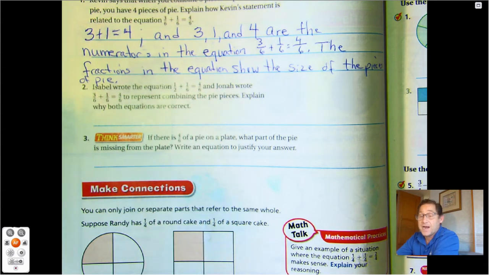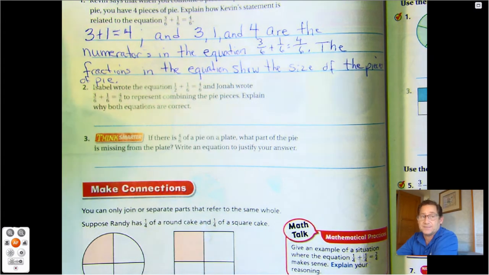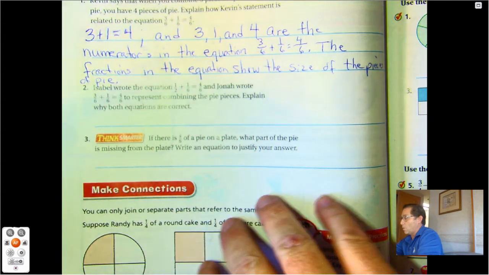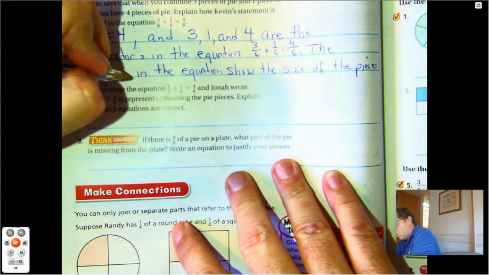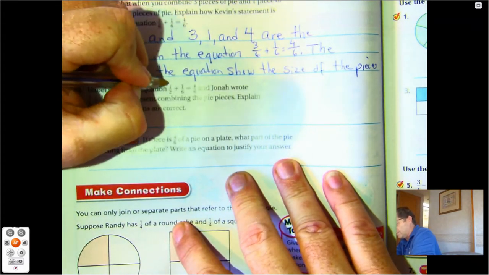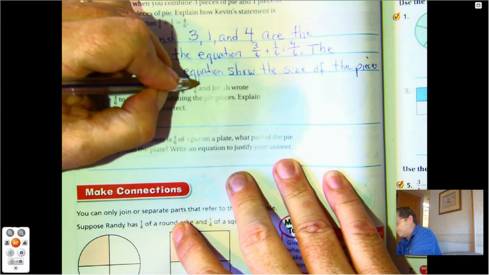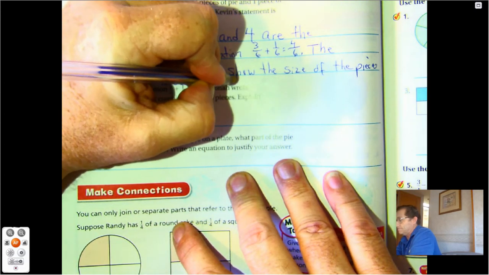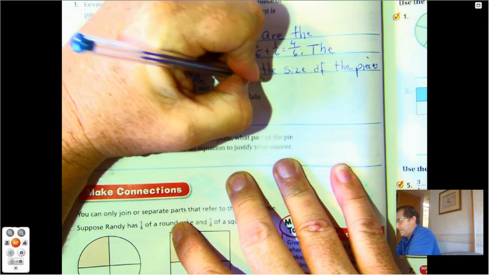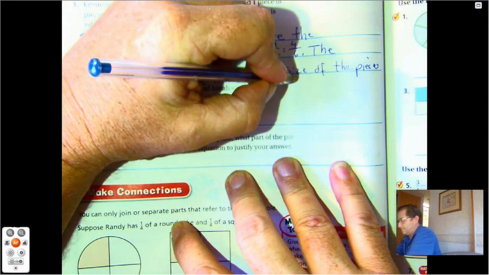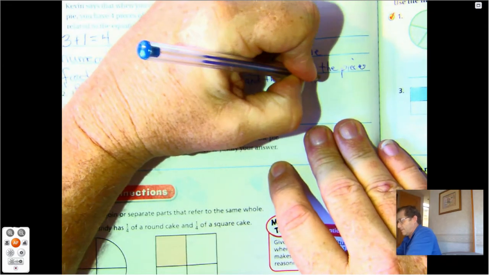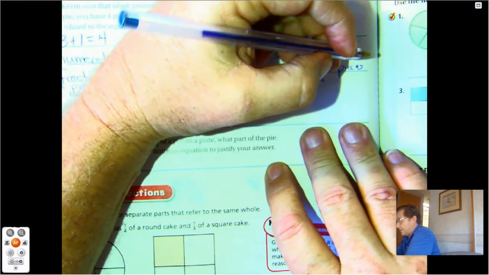The fractions are actually more specific than 3 plus 1. The fractions in the equation show us the size of the pieces of the pie, whereas 3 plus 1 are whole numbers, and they do not tell the size of the pieces.